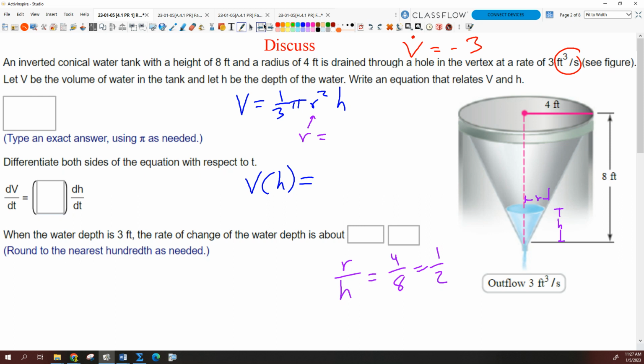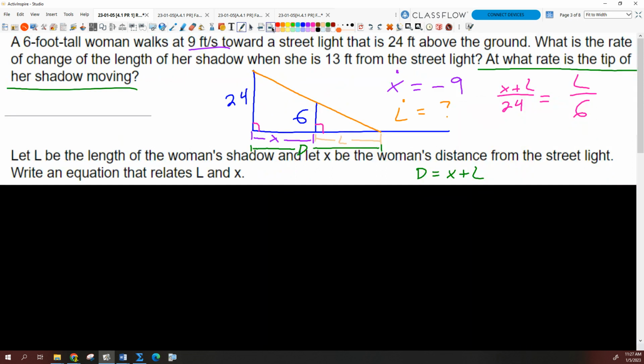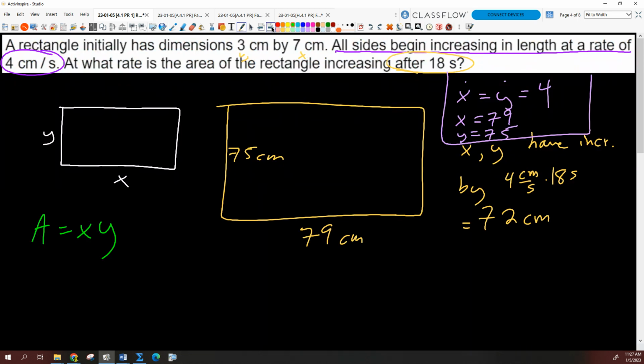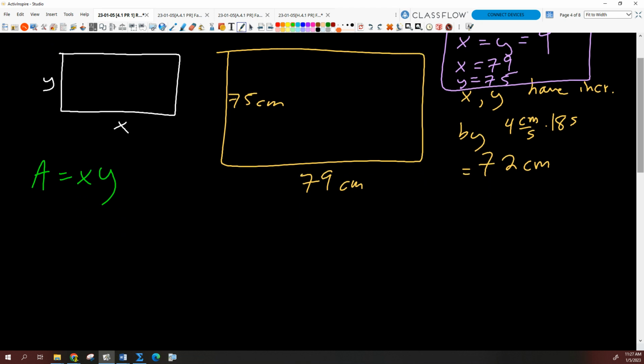Now, we could have figured it out, right? We could have figured it out, but it would have made things more difficult. In this one, do I have a real strong motivation to eliminate a variable? Not really, right? I mean, if I did have some information, I would, but I really don't have any. I don't really have any information that allows me to easily eliminate a variable. And the calculus is pretty simple anyway.